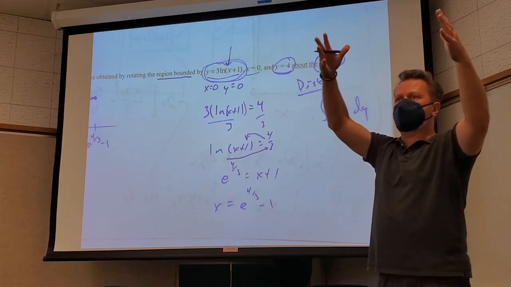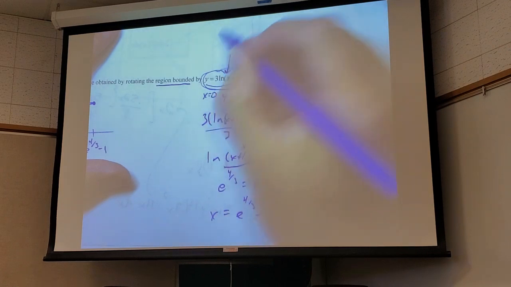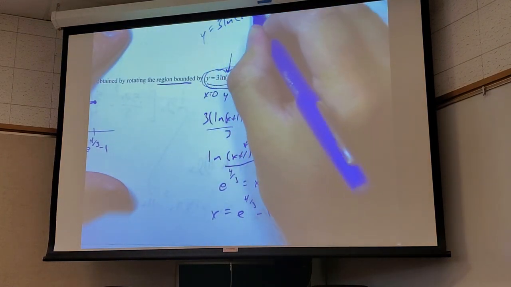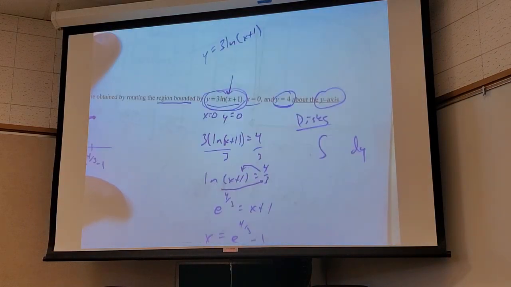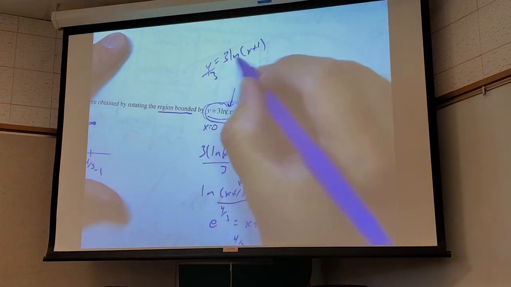It needs dy. Let me solve for x, get a function of y. Could somebody, we already basically did it. How do I solve this for x? Divide by 3.